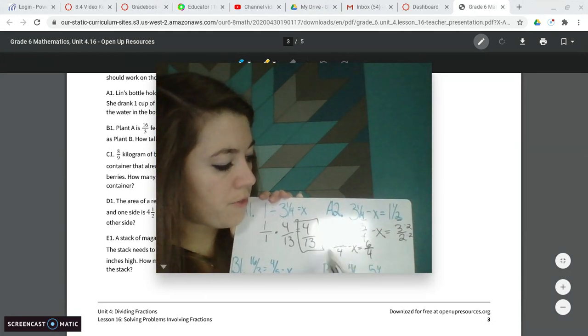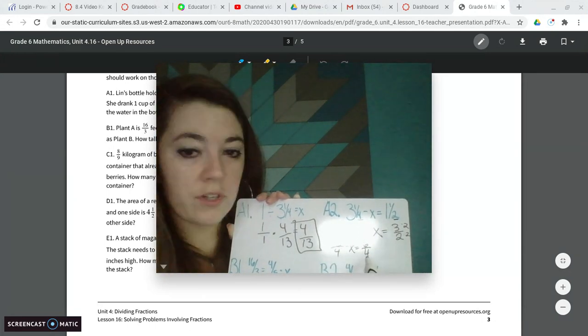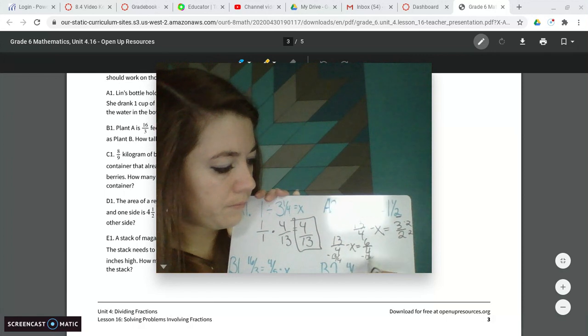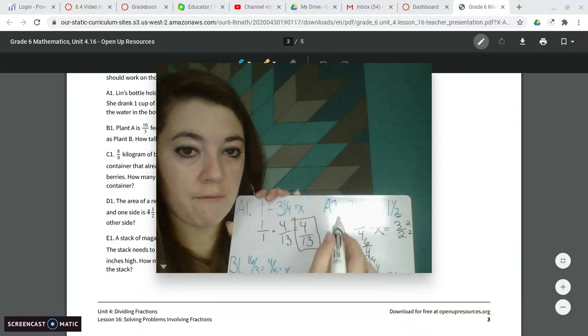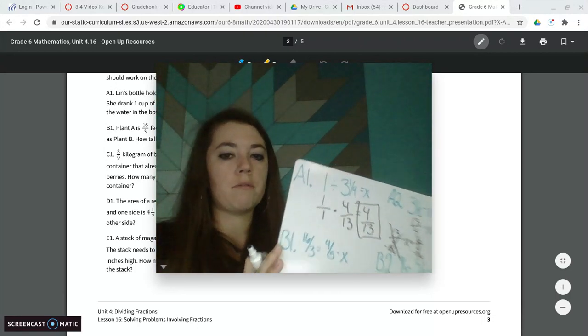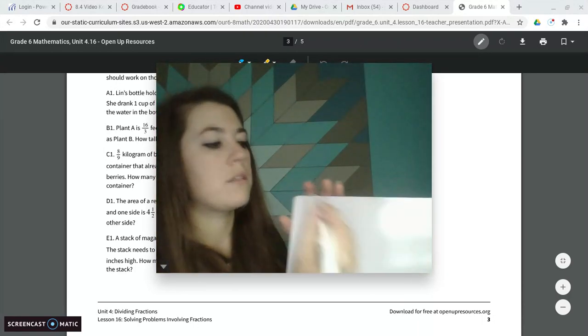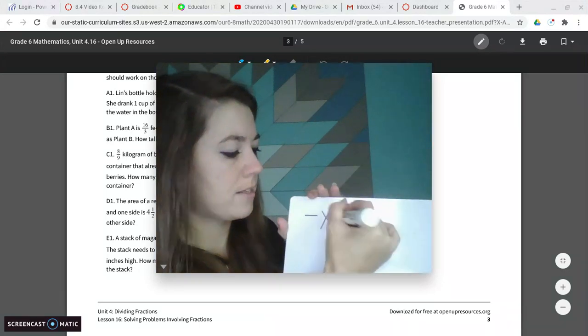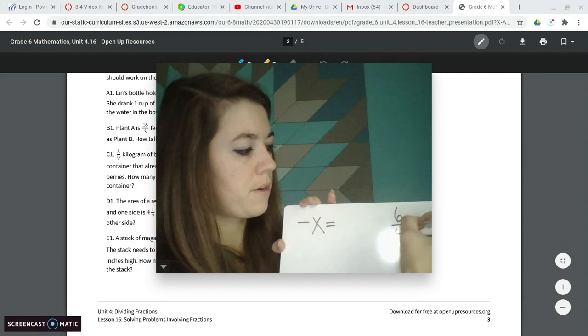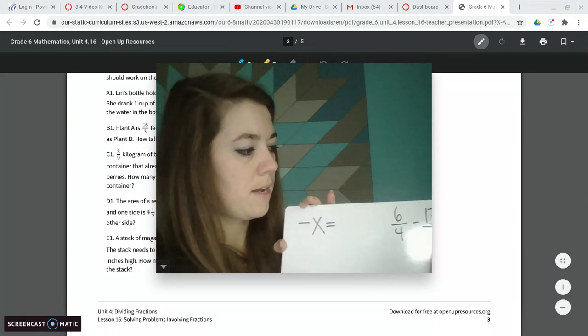Now to move this 13/4 over to the other side, we're going to subtract the 13/4. This goes away over here because we're subtracting 13/4 from 13/4. I'm going to flip this around just so I have some more space. So now we're left with negative x equals 6/4 minus 13/4.